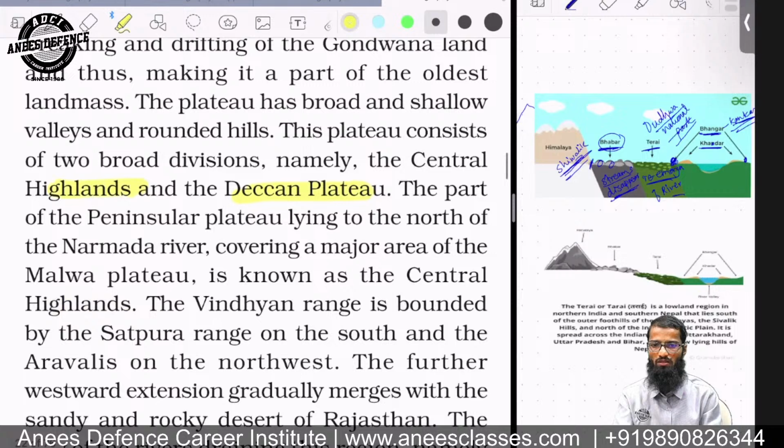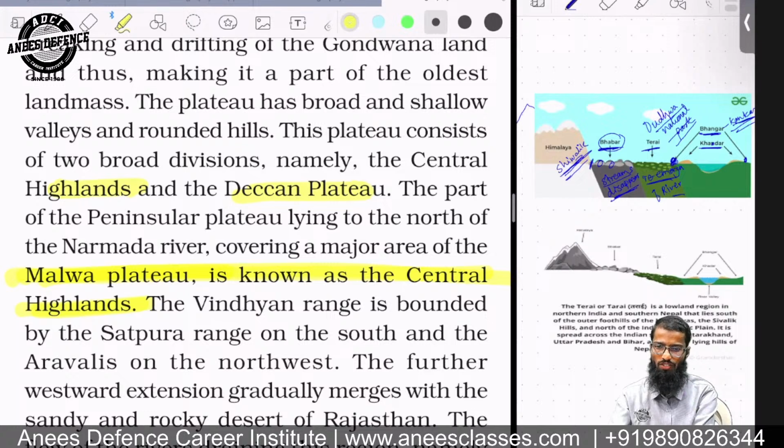The part of the peninsular plateau lying to the north of the Narmada River, covering the major area of the plateau, is known as the Malwa Plateau, known as Central Highland. So this is the definition, Central Highland. The Vindhyan Range is bounded by Satpura on the south and the Aravallis on the northwest.